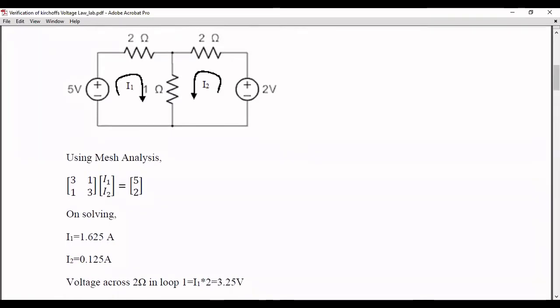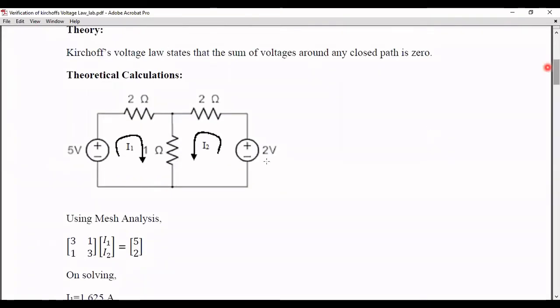So in order to verify it, we are going to consider two loops, loop 1 and loop 2. For loop 1, we need the voltage drop across 2 ohm and voltage drop across 1 ohm. So by using the mesh currents I1 and I2, we have to find the voltage drop across 2 ohm and 1 ohm.